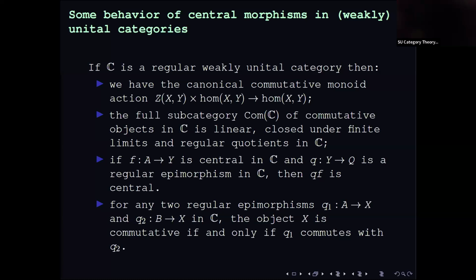There's also some other behavior of central morphisms in weakly unital categories. So we have this canonical commutative monoid action, but also the full subcategory of commutative objects is a linear category. It's closed under finite limits, and it's closed under regular quotients in C. And then some other properties. For instance, if f is a central morphism and q is any regular epimorphism out of the codomain of f, then this composite is going to be central.